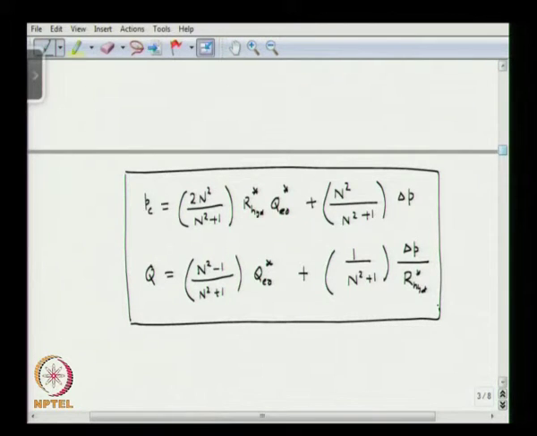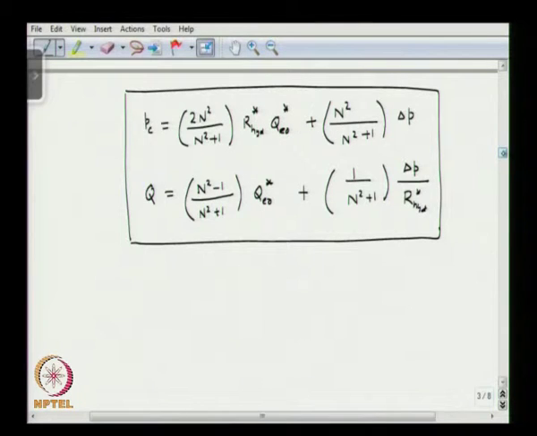Now, from here we can calculate what is going to be the flow rate when the back pressure is 0, that is the free flow rate, and what is going to be the back pressure when the flow rate is 0, the maximum pressure capability of the pump.